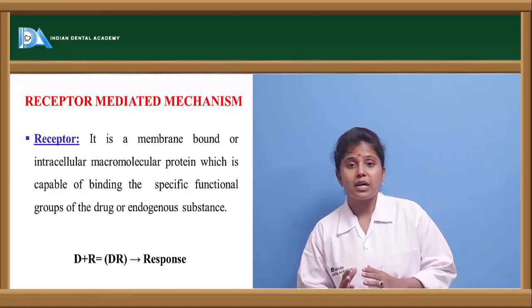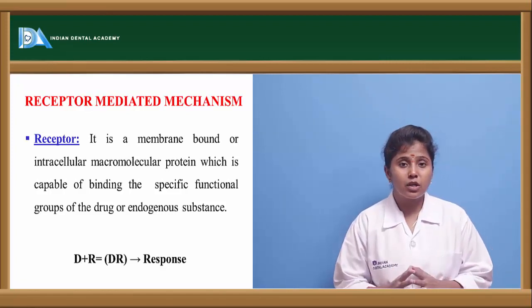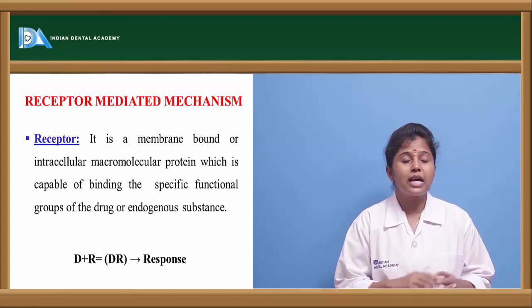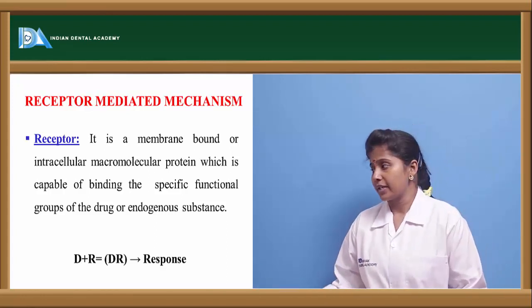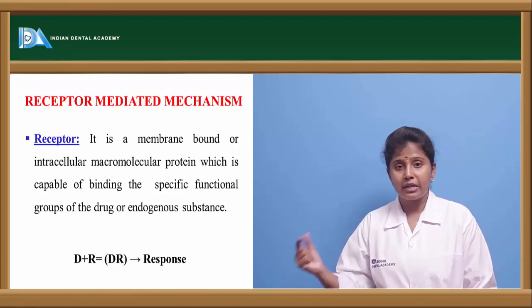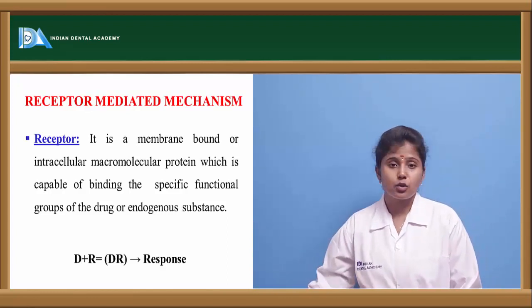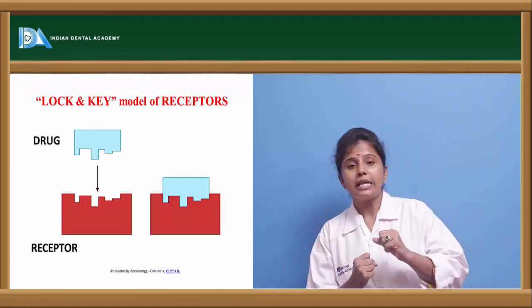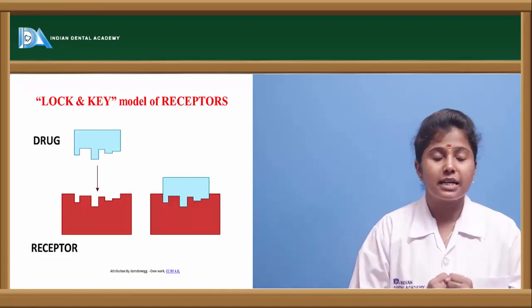We saw that a receptor is a protein substance or a macromolecule with some space for the drug to bind to it, and thereby the drug shows its effect. Here, the drug binds to the receptor and thereby shows a response. In the lock and key model, the drug and receptor are like a lock and key.